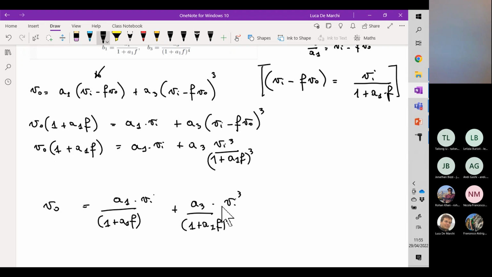Suppose that we wanted to have a phase margin equal to 45 degrees. What does it mean in practice? Well, in practice, this means that the phase curve in correspondence to the loop gain equal to 0 dB must be equal to minus 135 degrees, so that the distance from the minus 180 degree curve is equal to 45.